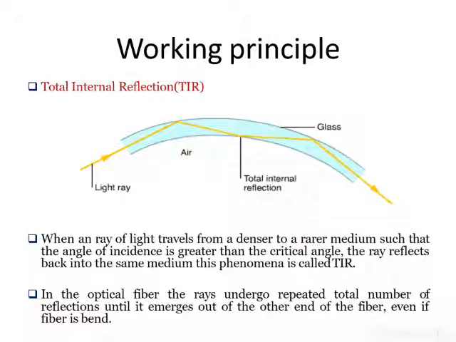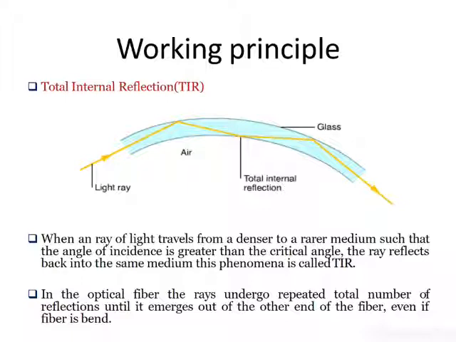Working principle of optical fiber. The optical fibers work on the principle of total internal reflection. Now we know what is total internal reflection. When a ray of light travels from a denser medium to a rarer medium such that the angle of incidence is greater than the critical angle, the ray reflects back into the same medium.